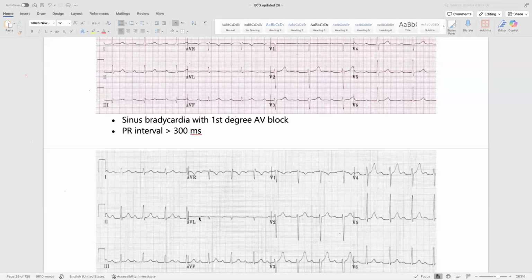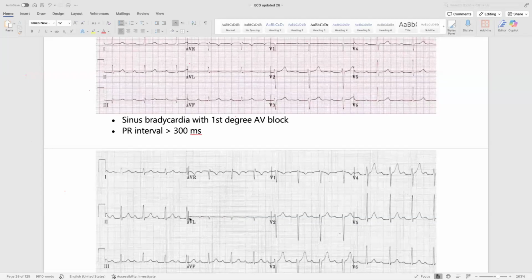By experience, you will know that AVL looks flat, like only R waves. But here you can see there is some P wave, a small notch, though you cannot depend on it. And it is regular before every QRS.